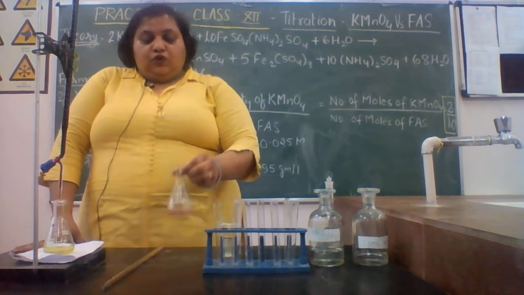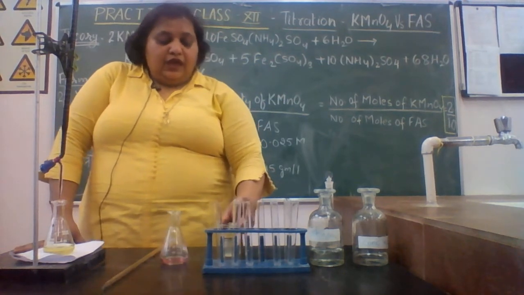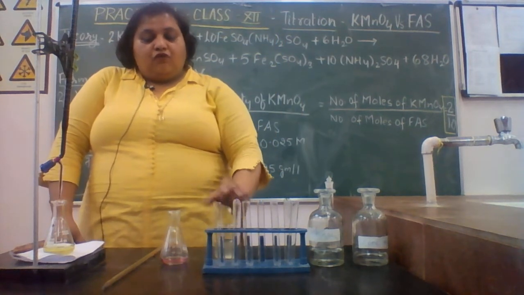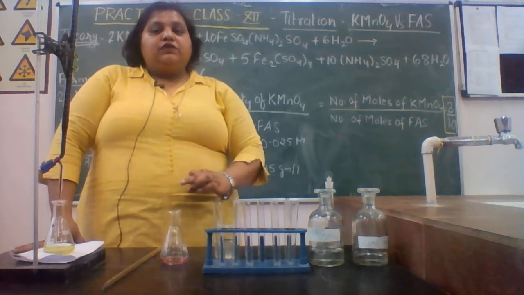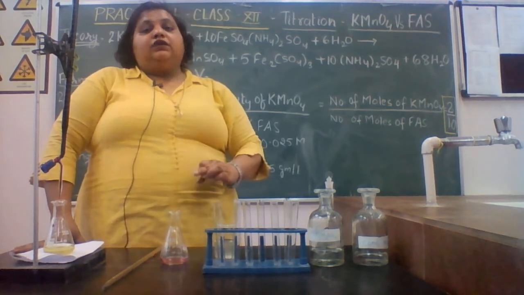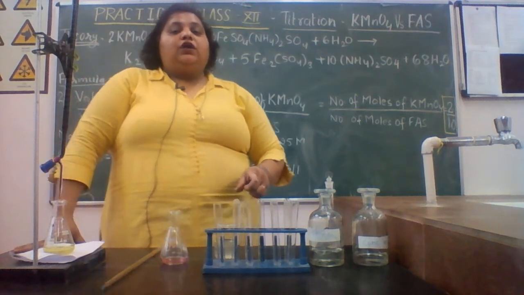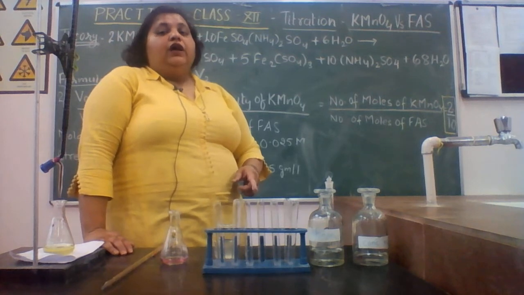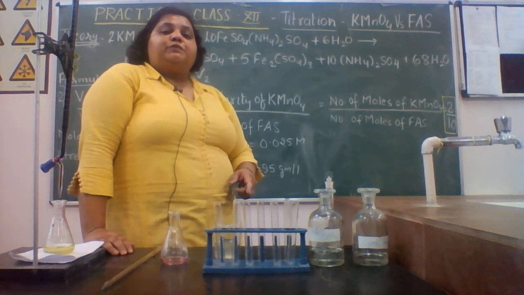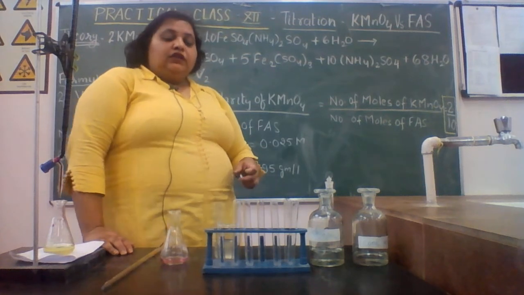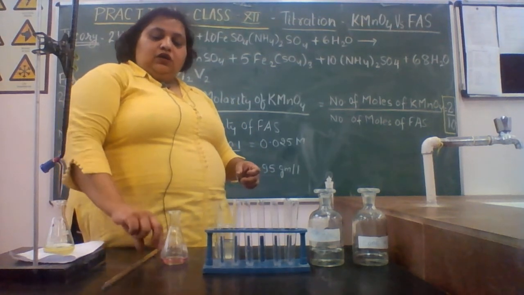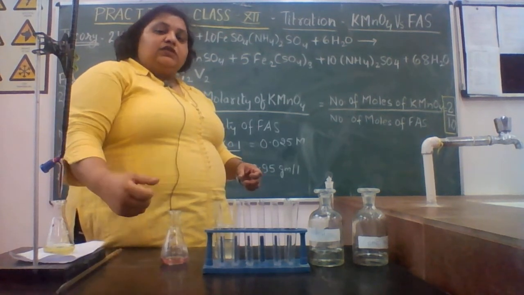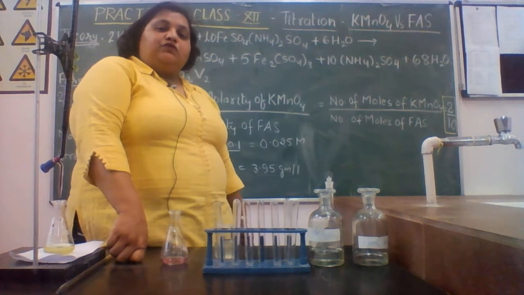First, what you have to do? You have to take out the ferrous ammonium sulphate solution with the help of a pipette. Before using, wash it and rinse it with the solution that you are going to use, so that your result is a perfect one, an accurate one, and no experimental error is seen. Then after pipetting out 10 ml solution, you just add half a test tube of the dilute sulfuric acid.